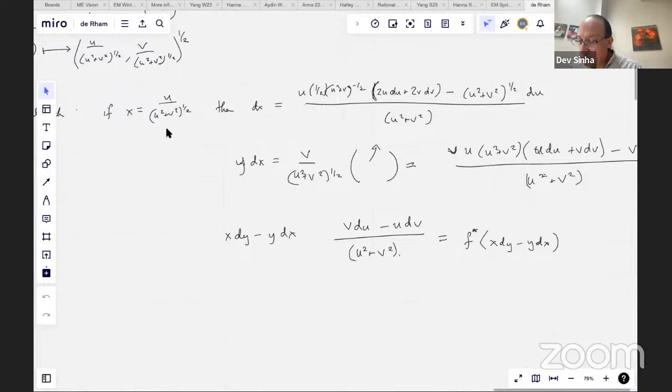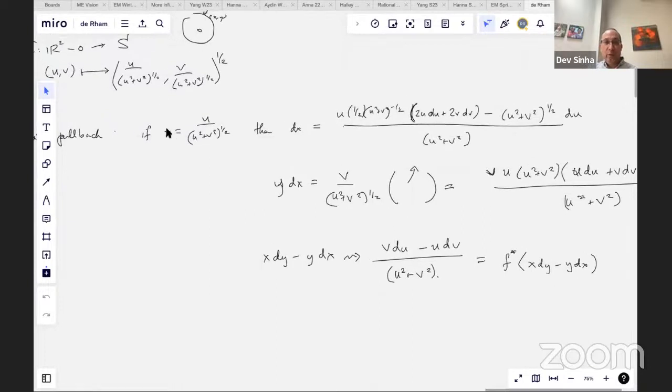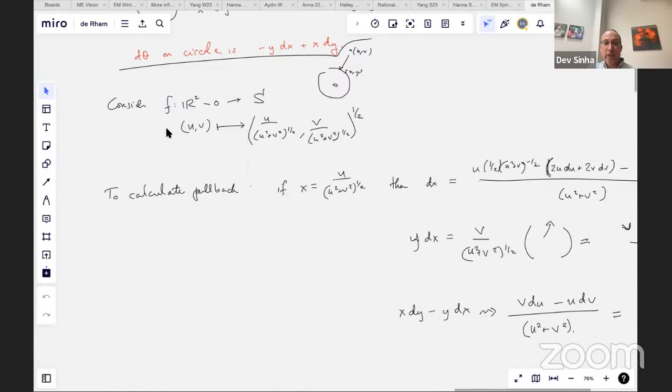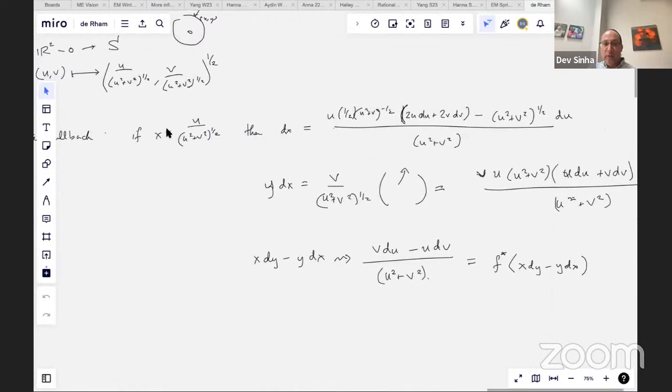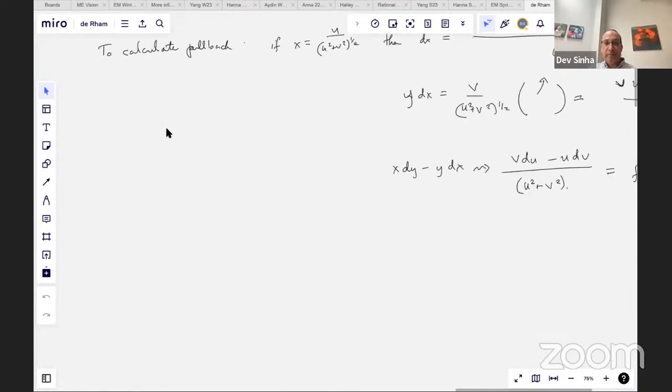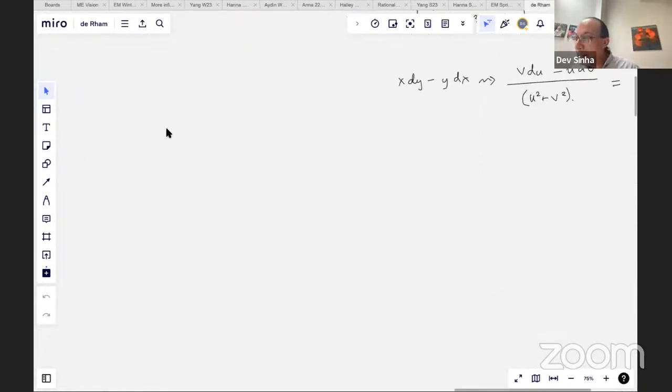And really, there wasn't an equality here. I mean, there is sort of an equality in how they work, but these two forms are living in different places. x dy minus y dx was living on the circle. The u dv minus v du over u squared plus v squared is living on all of R2. Okay. So functoriality will help us establish invariance.